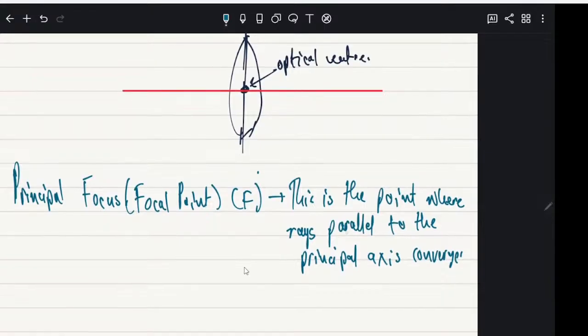This is the point where the rays parallel to the principal axis meet after passing through a lens, a convex lens, obviously. Are we together? Any question?